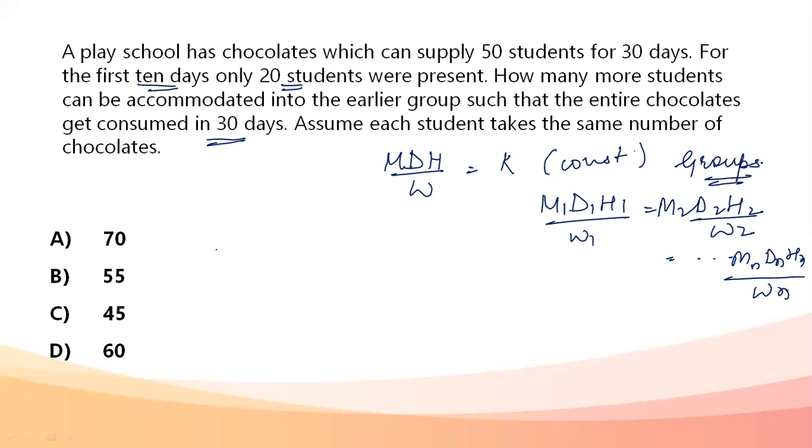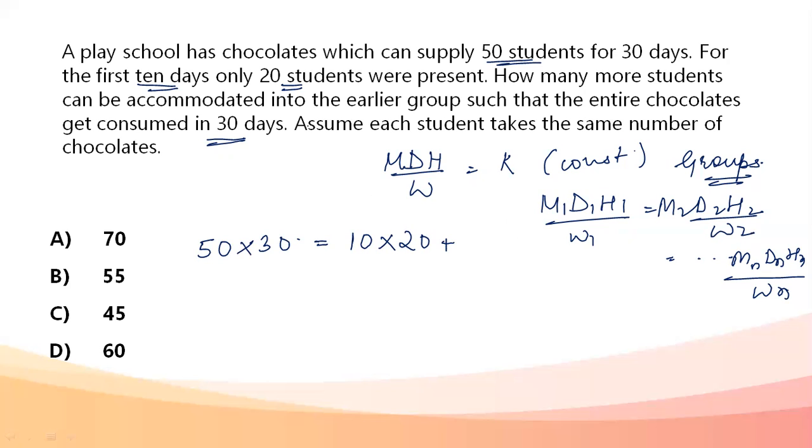Okay, so 50 students, number of men is 50 and number of days is 30. This is what my initial quantity is, 50 into 30. It is going to be equal to, for the first 10 days only 20 students were present, that is, first 10 M2 D2, plus, how many students can be accommodated into the earlier group so that the chocolates get consumed in 30 days.